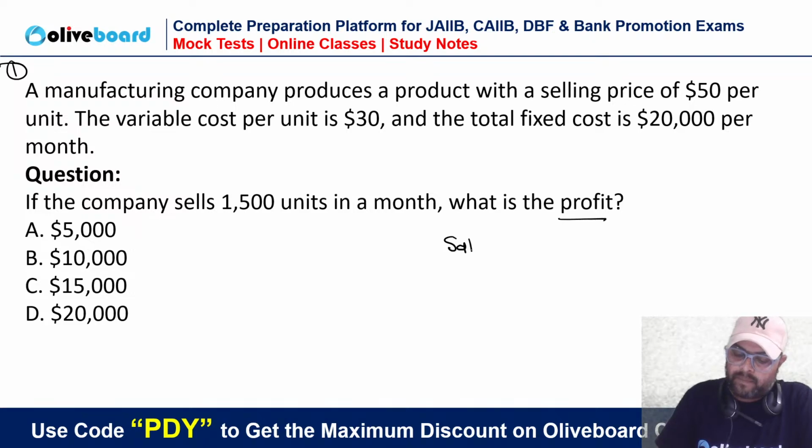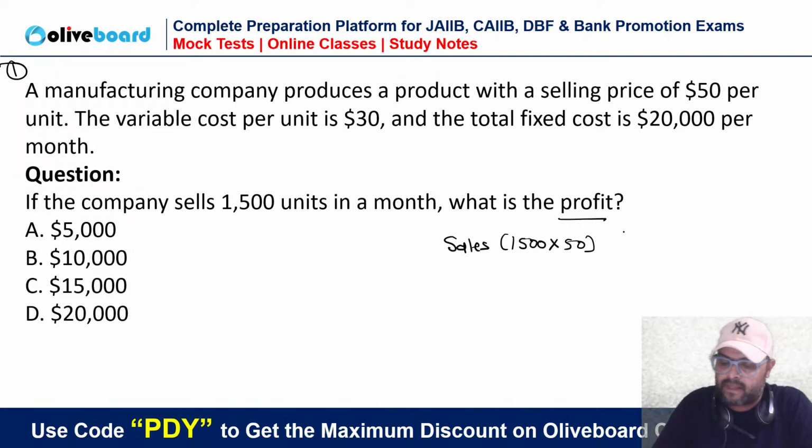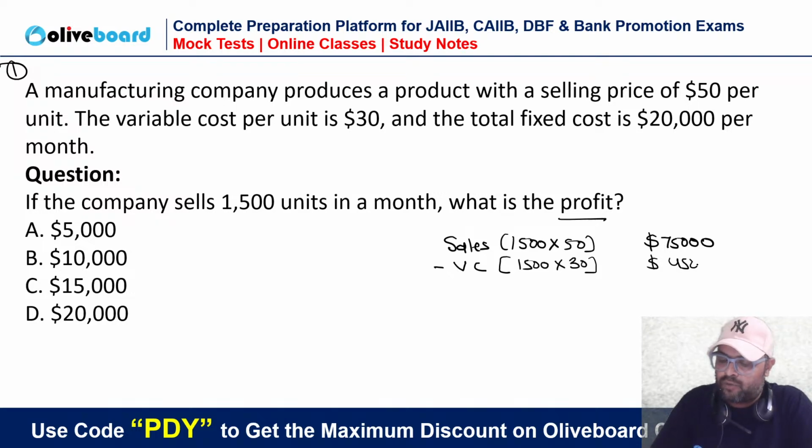See, simple. It's a question based on that income statement. Sales, that is 1500 units, multiply by 50. So $75,000 is my sales. Less variable cost, again that 1500 units multiply by 30. $45,000 is my variable cost.